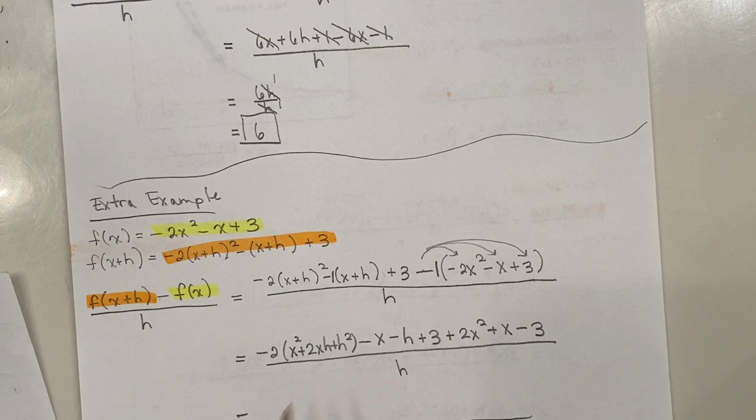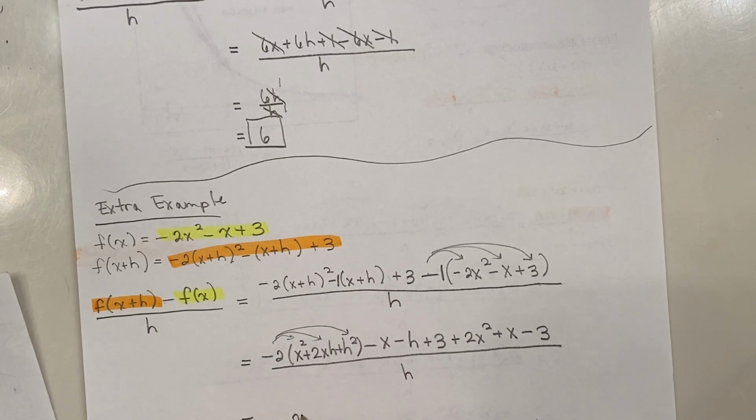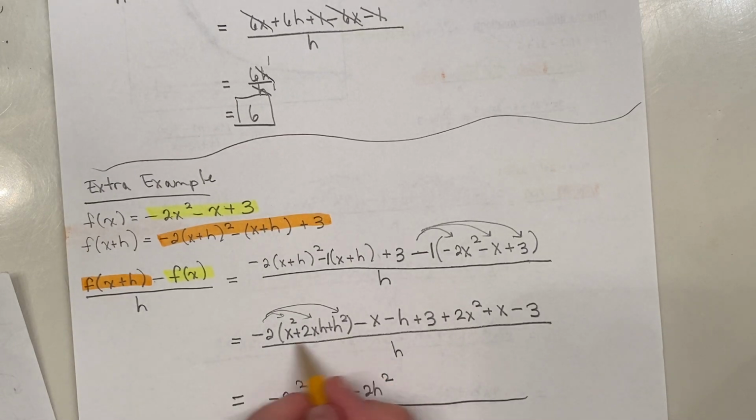So in the numerator, we still have a little bit of algebra to do. We've got to distribute this negative 2 inside this quantity. So negative 2x squared minus 4xh minus 2h squared. And then I've finished distributing, so I'm just going to bring all this down.